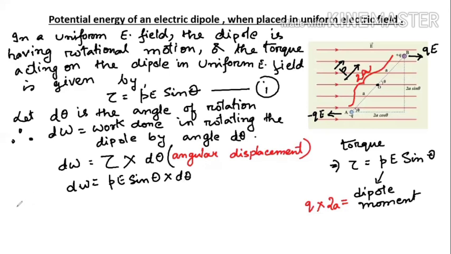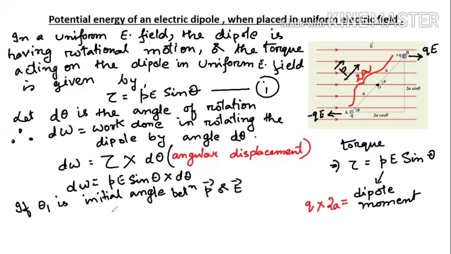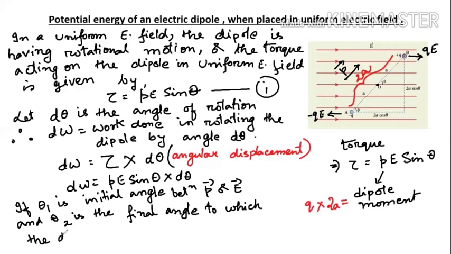Let's say theta 1 is the initial angle between the dipole moment P and the electric field, and theta 2 is the final angle to which the dipole is oriented.